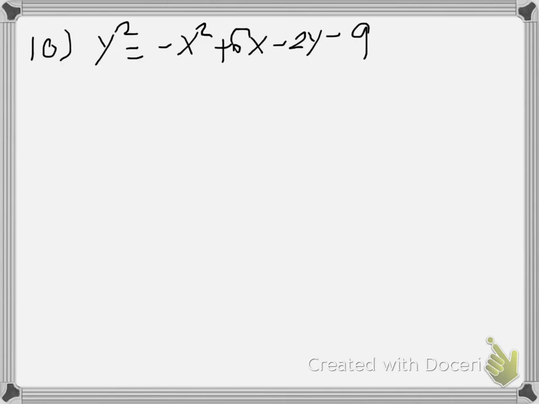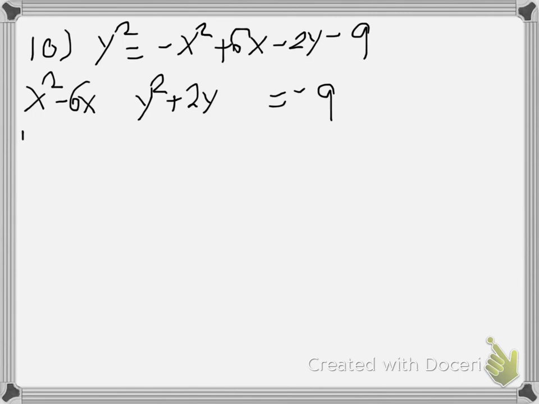So I'm going to have x squared minus 6x, leave my hole, y squared plus 2y, leave my hole, equals negative 9.